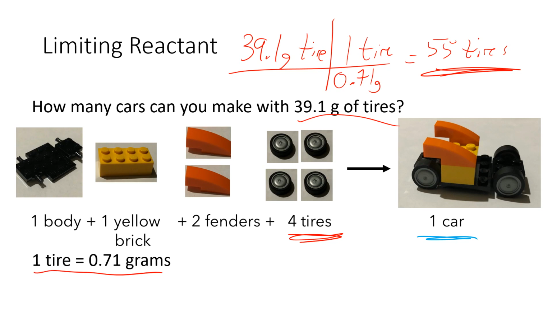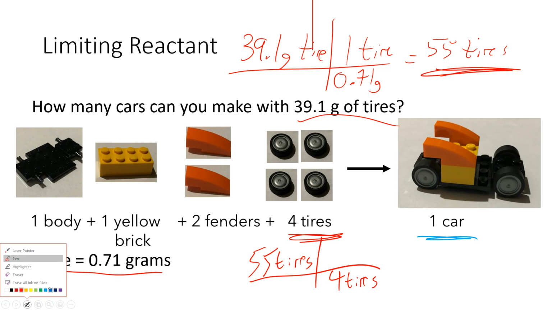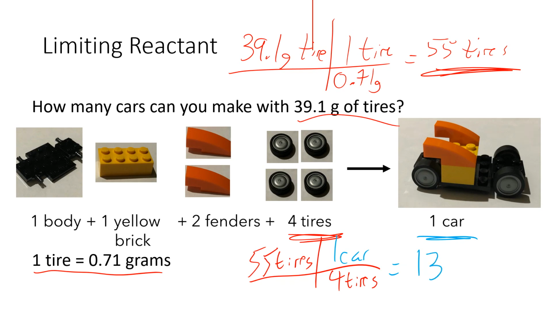With 55 tires, and we know that every car has 4 tires, we are going to make 55 divided by 4, so that's 13 with a leftover of 3 tires. So we can make 13.75, or basically 13 cars out of those 55 tires, which we figured out from the grams of tires.